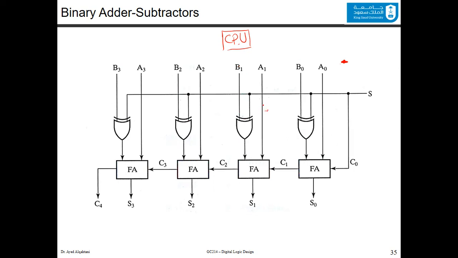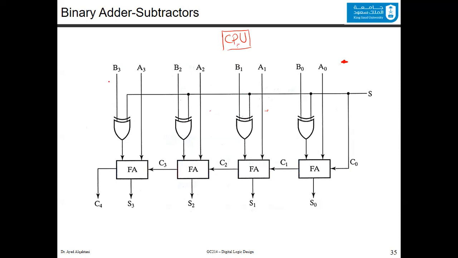For example, the processors that we have in the market nowadays are either 32 bits or 64 bits, meaning that inside the CPU, you will have either a 32-bit adder or a 64-bit adder.